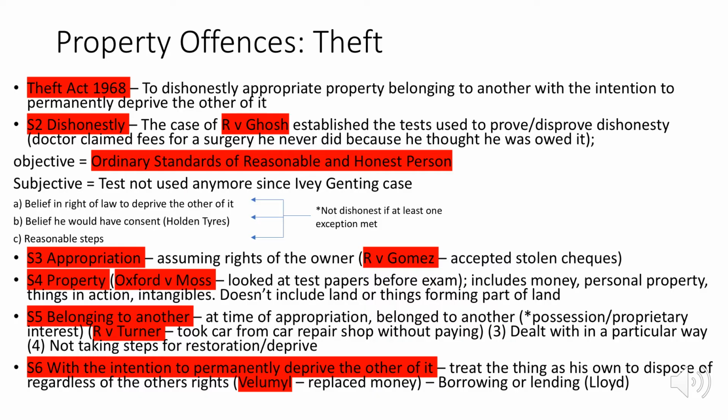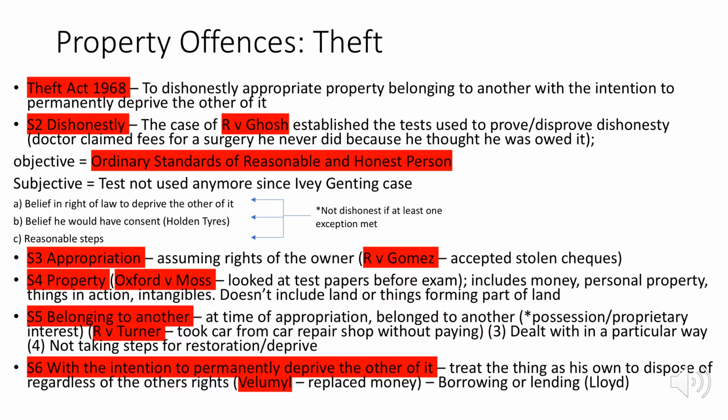You've got section 5, belonging to another. At the time of the appropriation, it belonged to another, so the possession/proprietary interest. This was shown in R v Turner, who took a car from a car repair shop without paying. There's a little subsection 3, where it says it has to be dealt with in a particular way, and 4, not taking steps for restoration/deprive.